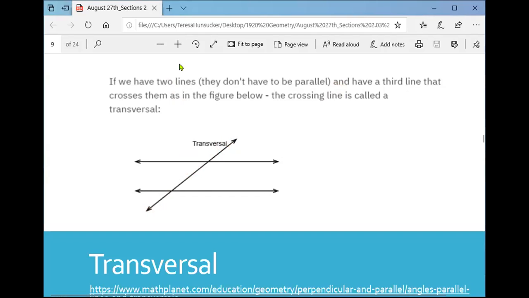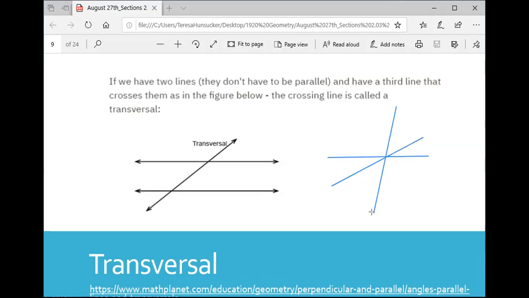Now, if I go ahead and draw, again, another pair of lines, they don't have to be parallel. Okay, check this out.